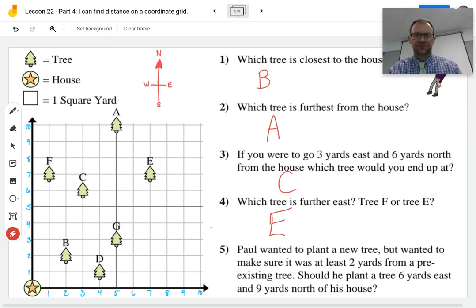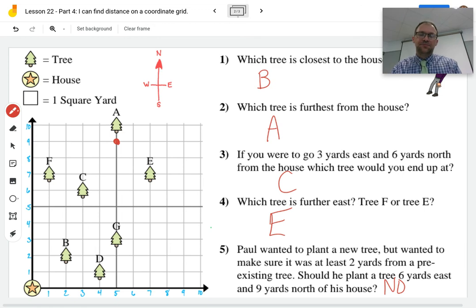We went to the right. And then 9, that's right here. So the answer is going to be no. This location right here is not at least 2 yards from the nearest tree. The nearest tree is A, and that's 1 yard away, one side of 1 square away. So the answer here is no.